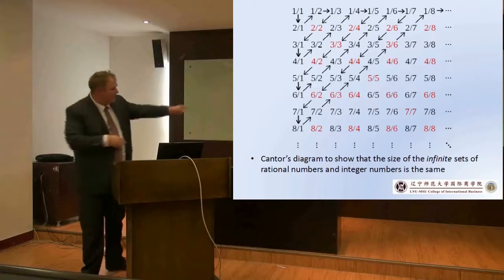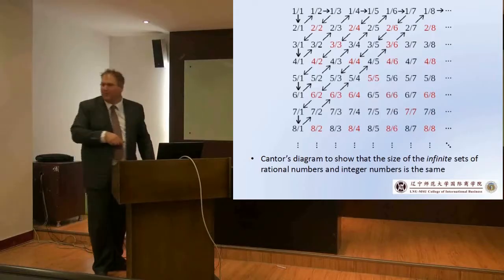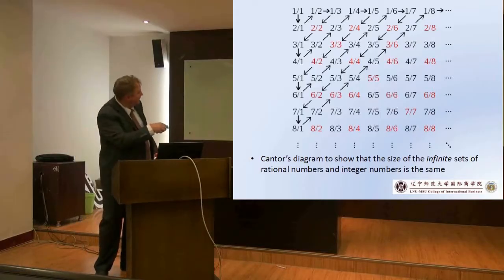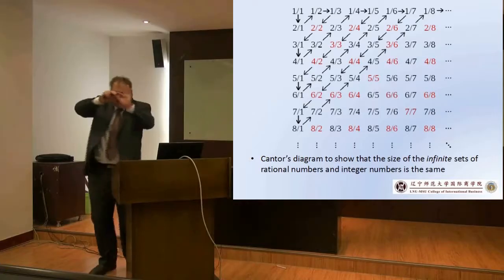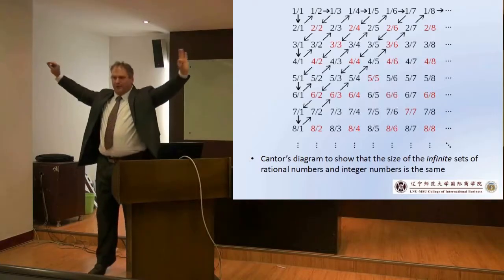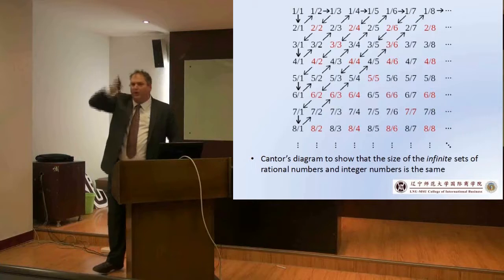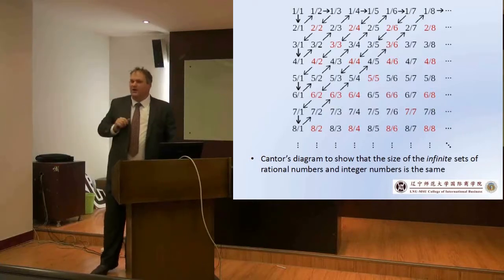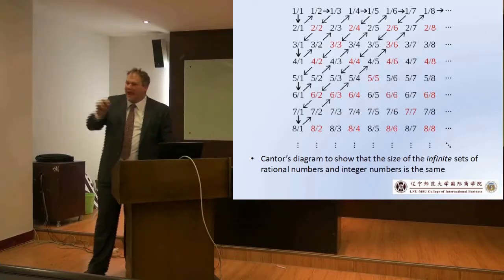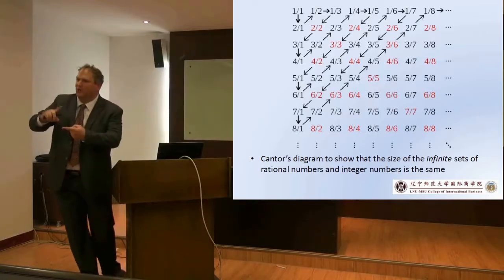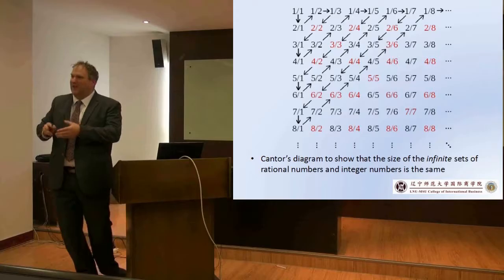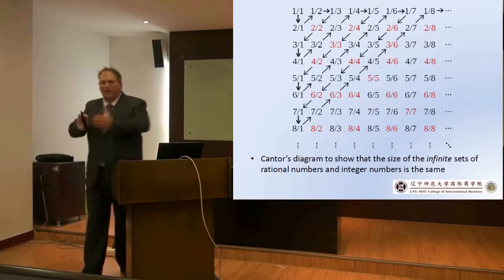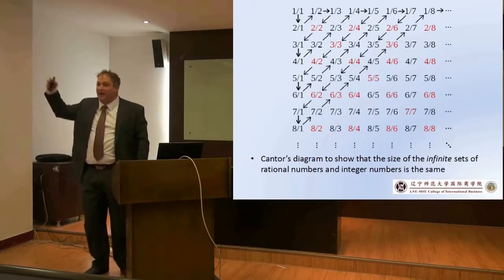But in fact, he set up a one-to-one correspondence by using this diagram. And if you take that diagram and you spread it out like this, you can show a one-to-one correlation between rational numbers and integer numbers. So they have the same size. But if you take real numbers and integer numbers, they have different sizes. Real numbers are larger. So actually there's different sizes of infinity.